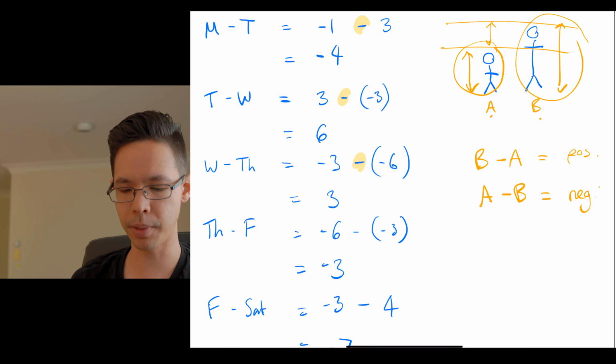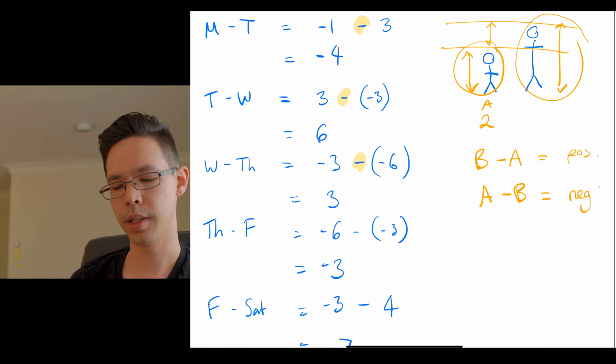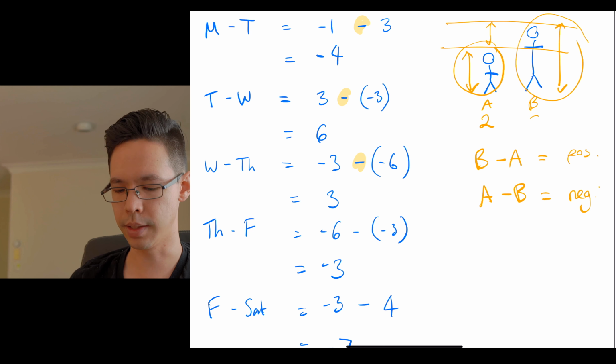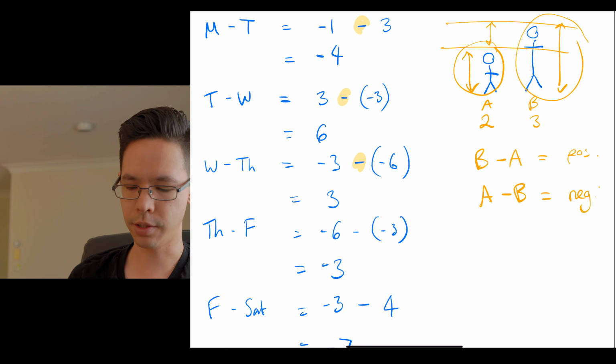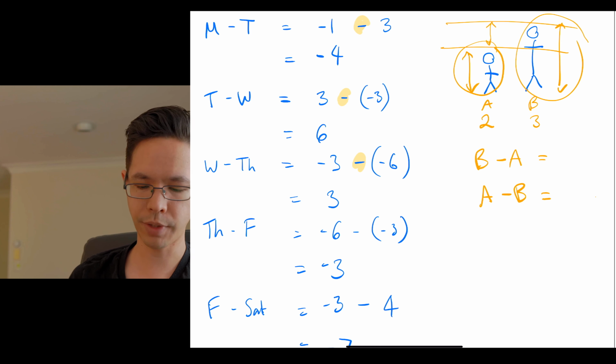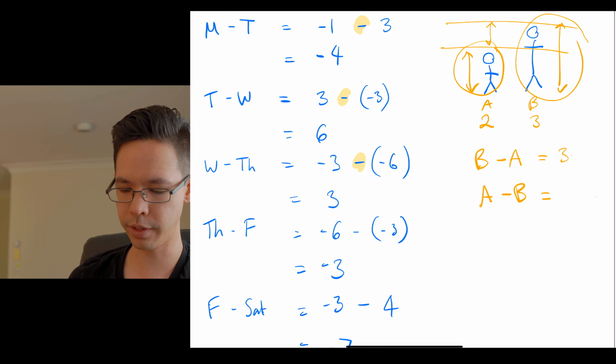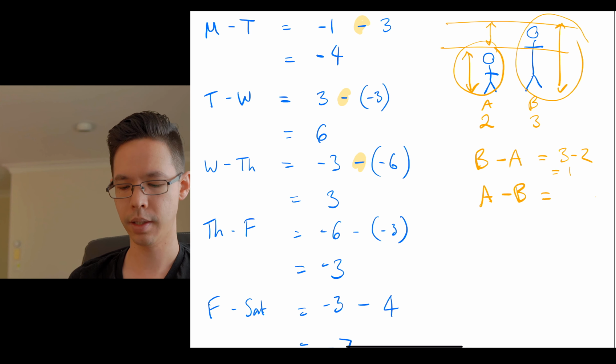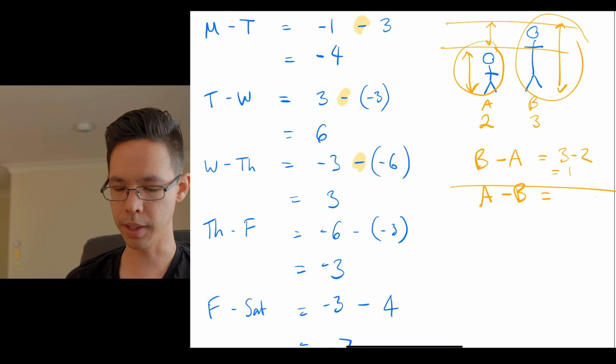So let's say person A's height is 2, and person B is 3. Let's do the maths here. If I do B take A, that's 3 take 2, which is going to give me 1. If I do A take B, it's going to be 2 take away 3. I'm going to get a negative answer. It's going to be -1.